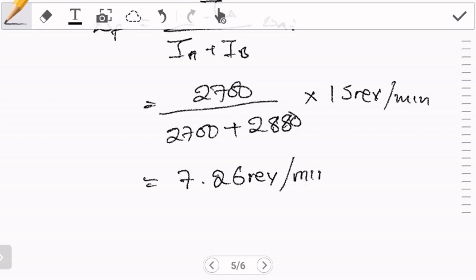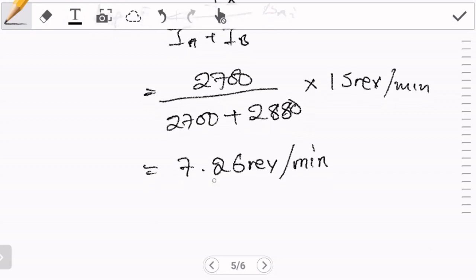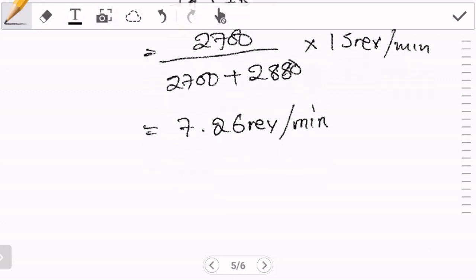But if your question is asking you to get the answer in radians per second, then you can quickly convert this. I know you guys are capable of doing that by now, but just in case you want me to show you, we can quickly do that.